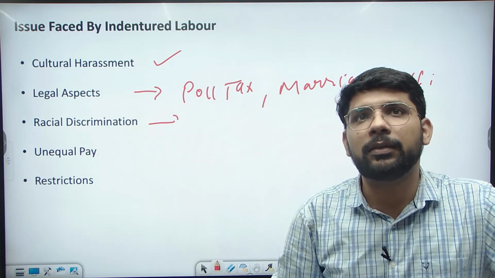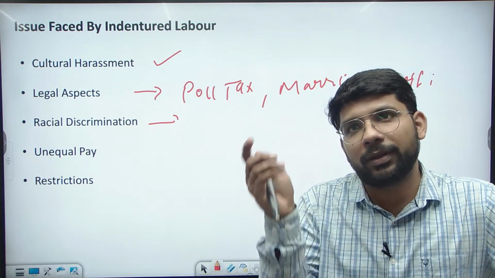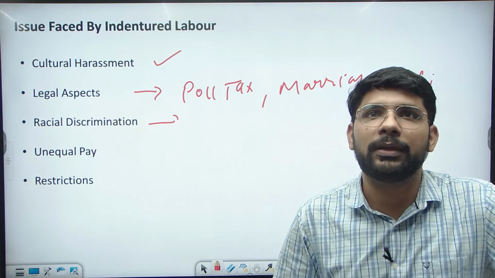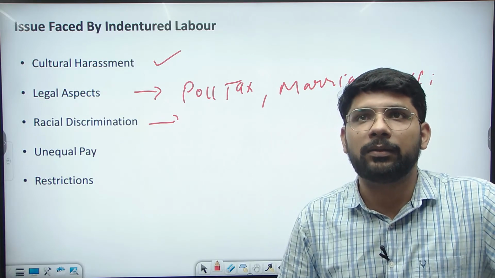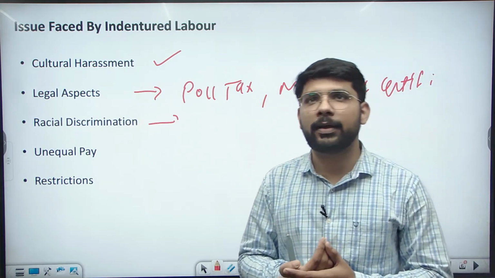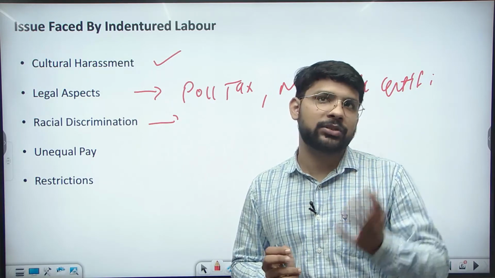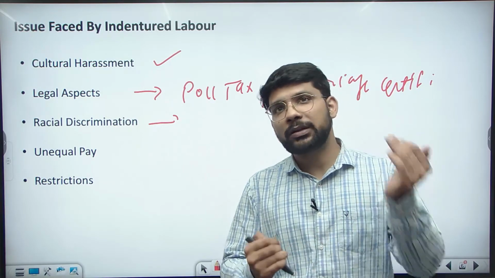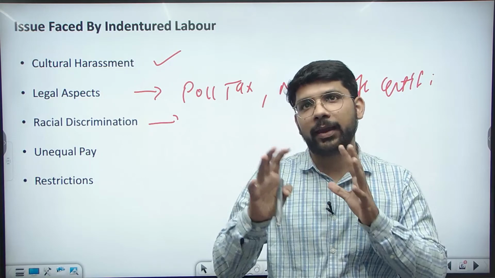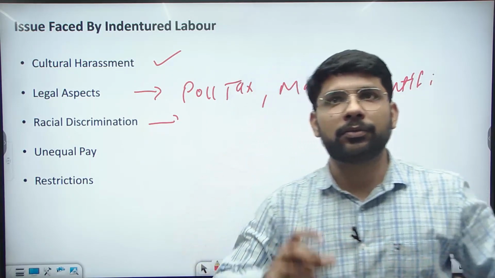This is the contract, you can do things in this contract only. The time period. So these were the common issues faced by the indentured labor when they were taken to the other British colony. Now come to the next part of the question, why the British were recruiting the Indians as indentured labor into another colony.